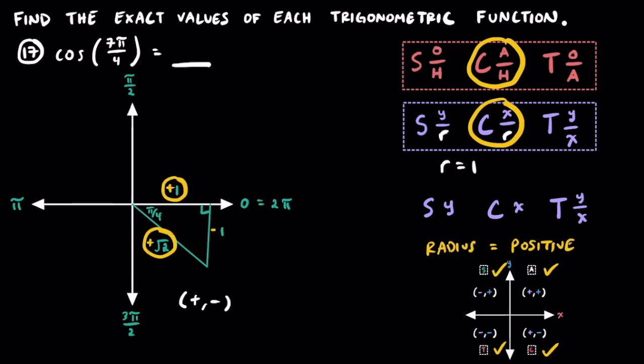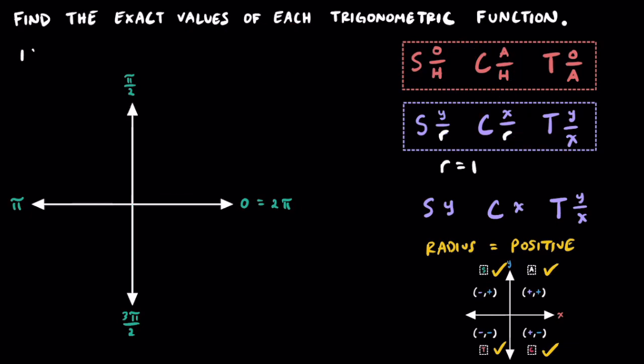So that's going to be 1 over root 2. And we're going to have to rationalize this, so multiply it by root 2 over root 2, and we'll get a final ratio of the square root of 2 over 2. That's our rationalized version.